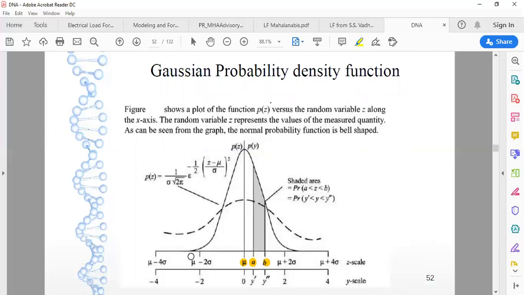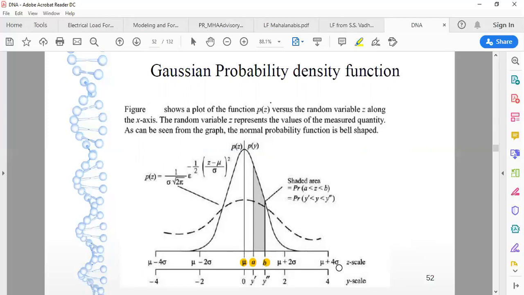Most of the values lie around mu, from minus 2 sigma to mu plus 2 sigma. So the deviation will be minus 2 sigma to plus 2 sigma. But in this graph, it will be minus 4 sigma to plus 4 sigma.